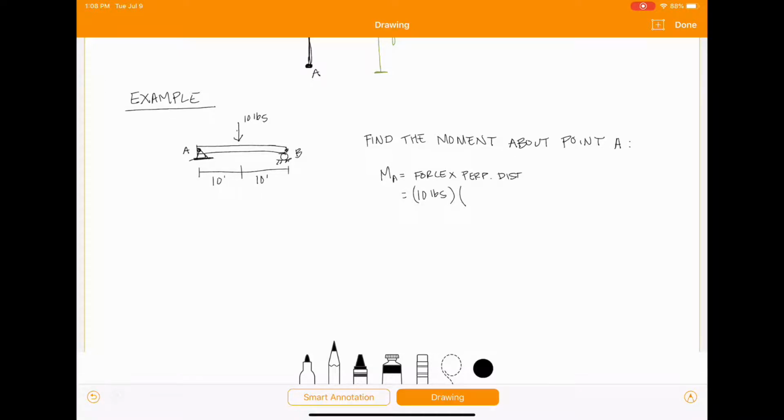And our perpendicular distance is, again, we have a y force, so it's going to be our x distance, which is 10 feet. So our moment about A is 100 foot-pounds. Or pound-feet, it doesn't matter. That one kind of goes back and forth. I've heard it both ways.